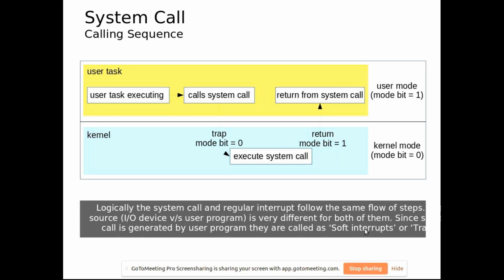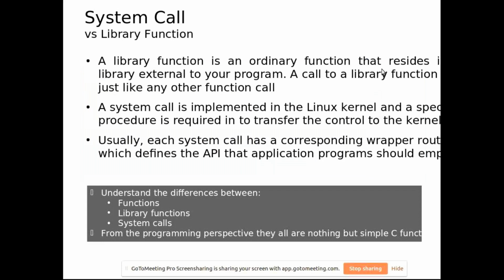So understand the difference between a function, a library function, and a system call. You should think of these three terms and be able to differentiate between them. That is a very important thing from the programmer's perspective. A function is nothing but a simple C function.